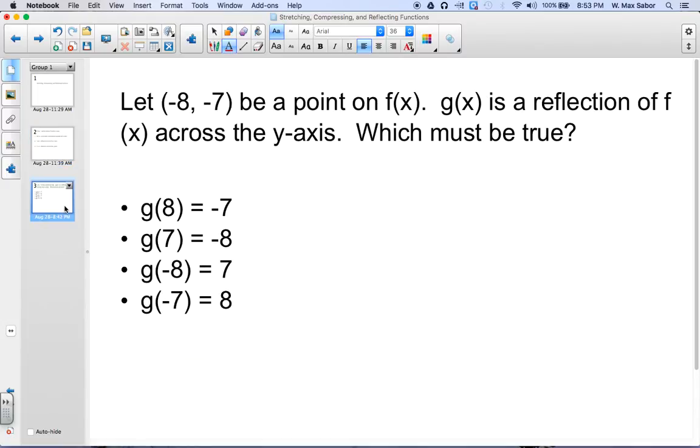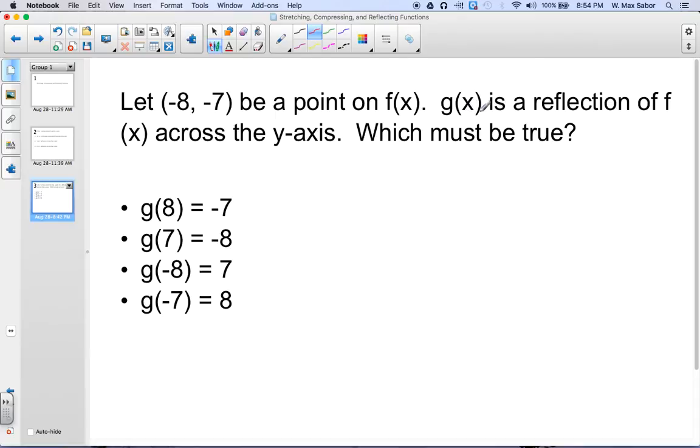So let's say we have this point on f of x, and g of x is a reflection across the y-axis. Which of these must be true? So what we should be able to say, you can do this just by using your reflection rules across the y-axis.